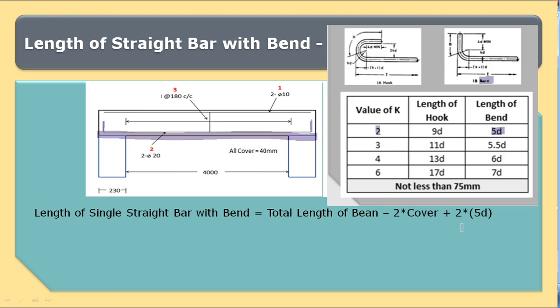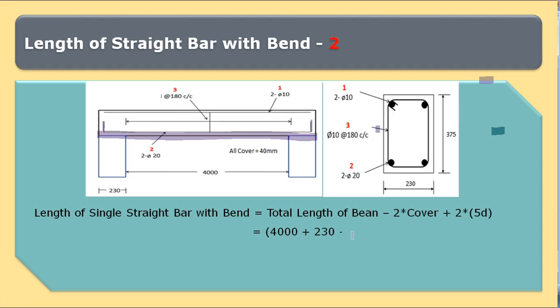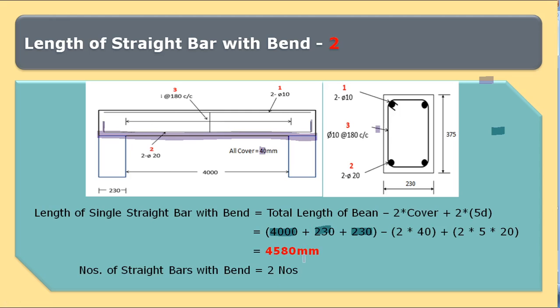Total length of beam is equal to 4000 plus 230, that is the support width on both sides, minus 2 into cover, where cover is 40 mm on all sides, plus 2 into the provision for bend, which is equal to 5D. 2 is used as two bends are there, one on each side. So the length of a single straight bar with bend is calculated as 4580 mm, and the number of straight bars with bend is two.